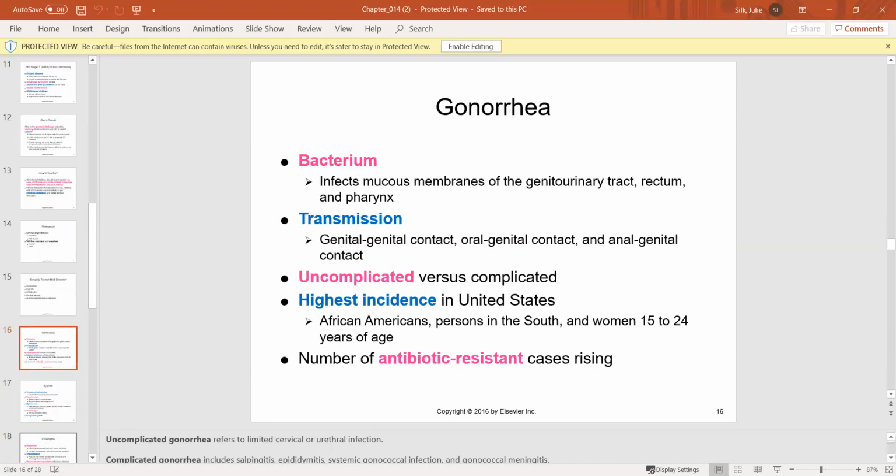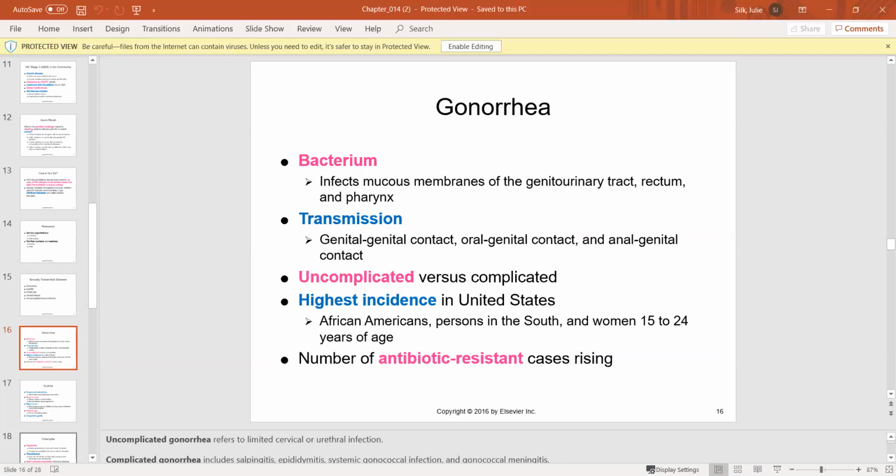All right, so with gonorrhea, this is a bacterium that infects mucous membranes of the genitourinary tract, the rectum, and the pharynx. Transmission is genital to genital contact, oral to genital contact, and also anal to genital contact. You have uncomplicated versus complicated gonorrhea. Uncomplicated means that it's limited to cervical or urethral infection.